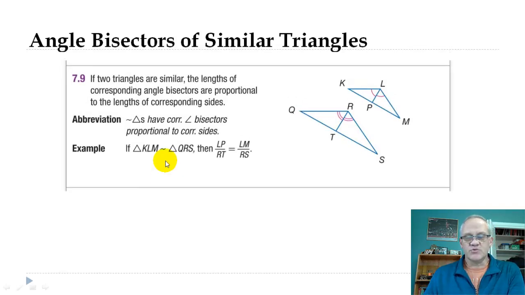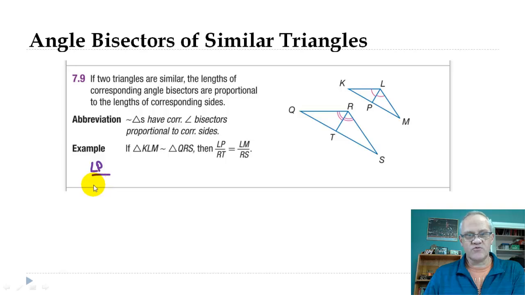What about angle bisectors? No surprise, it works the same way. Remember, the angle bisector is the line that splits the angle into two exact same parts. So here, angle KLP is equal to PLM, and QRT is equal to TRS. Again, if you look at the two lines here, I'm going to rewrite this so we know that LP is an angle bisector.